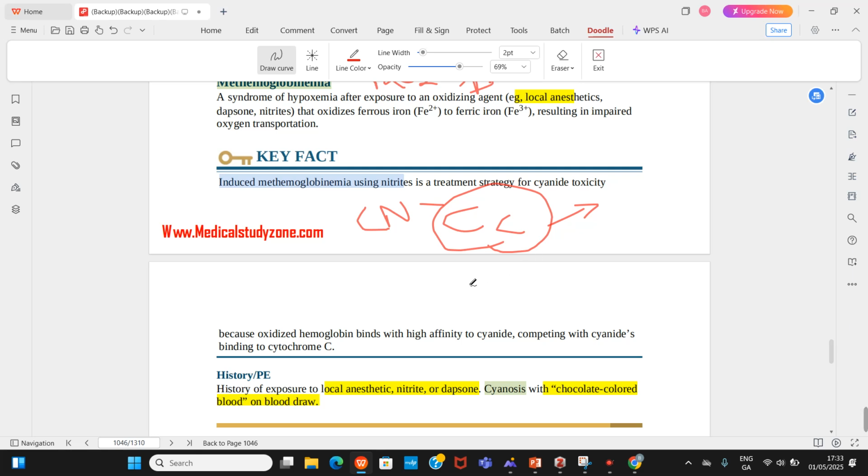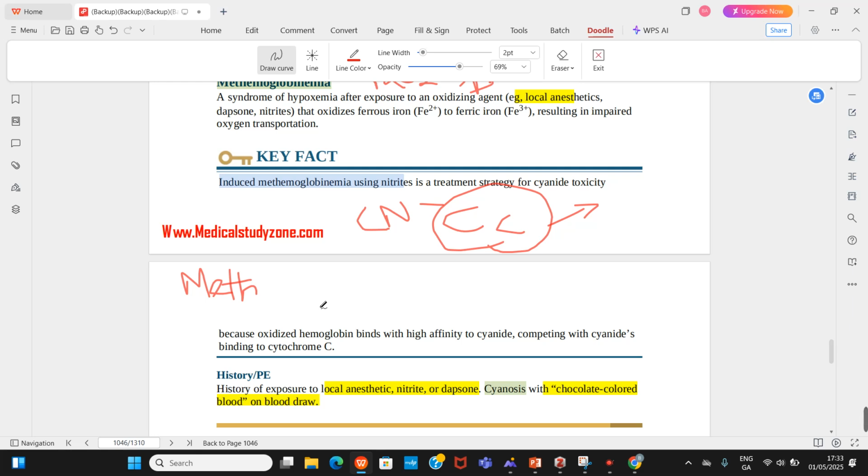So now we need to be able to create a strategy to pull this cyanide away from this cytochrome C. So what we have discovered is that cyanide likes methemoglobin. It likes binding to hemoglobin in its met form. So what we are now going to do is induce formation of methemoglobin from hemoglobin.